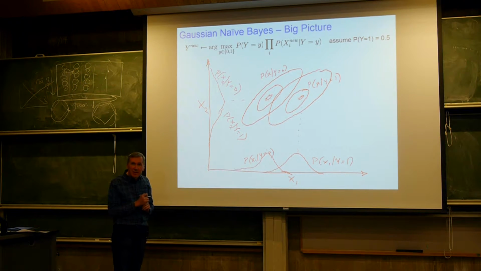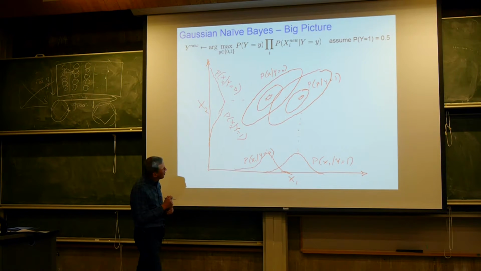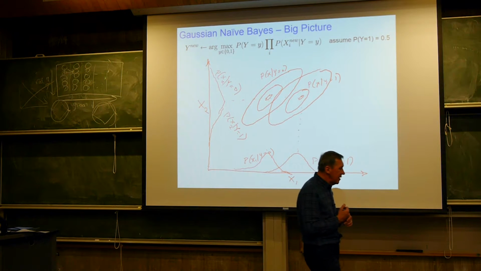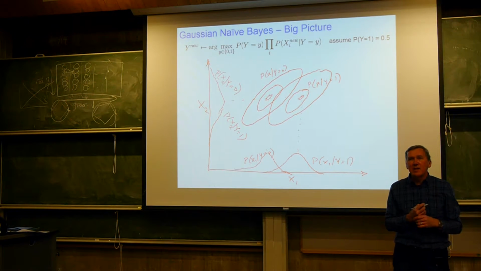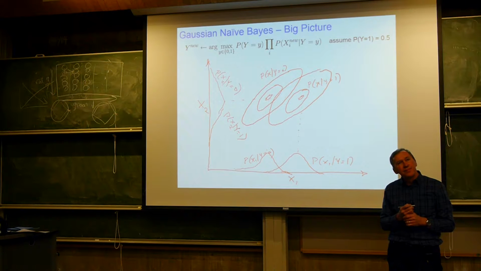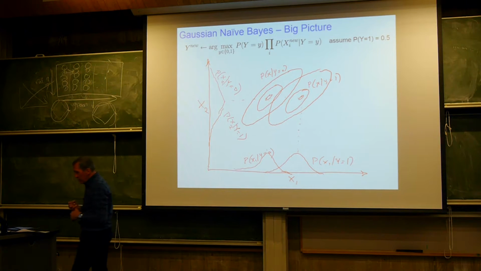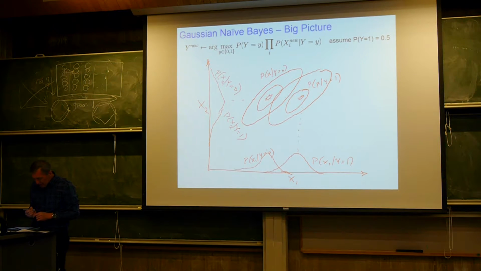Right? So that's clear? All right, so given that, what's the linear decision surface that I will learn with this Gaussian naive Bayes classifier? Right, it's a vertical line. Where should I draw that vertical line?